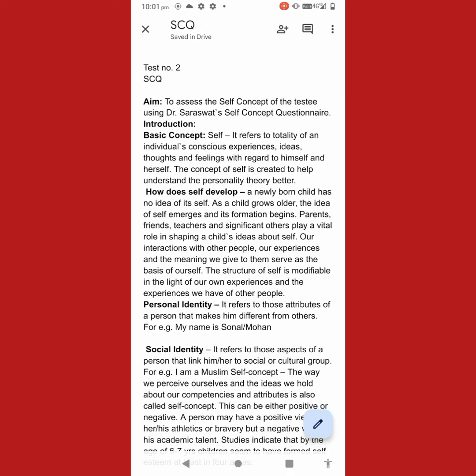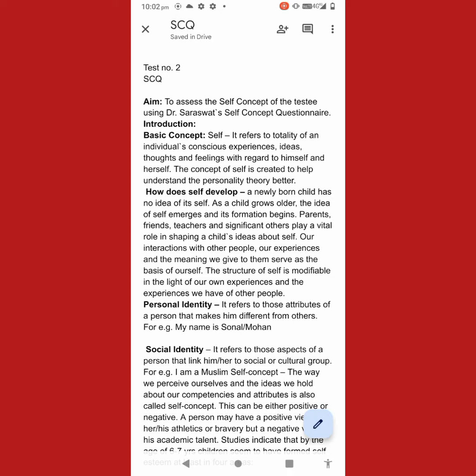When the child is born, he has no concept of self. When he grows older, the idea of self emerges. When he meets his parents and teachers, they shape his self-concept. When he interacts with others, and experiences add to his experiences, then he forms his self.